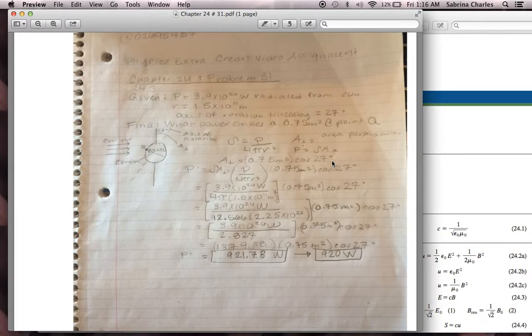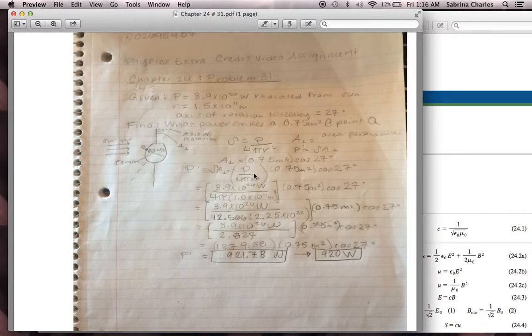Once we have that, in order to find the power that strikes at point Q, we plug in everything that we have. P equals S A. If you manipulate this formula, you end up with this.